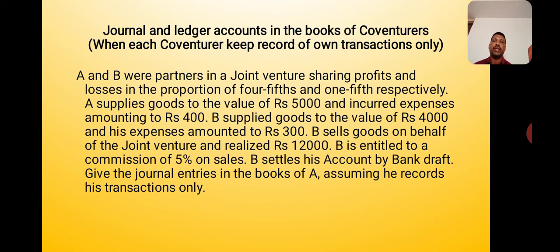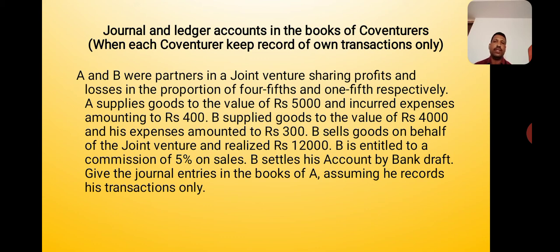A and B were partners in a joint venture, sharing profits and losses in the proportion of 4/5 and 1/5 respectively. In the sense, the profit and loss sharing ratio is 4:1. A and B were the co-venturers in a joint venture.